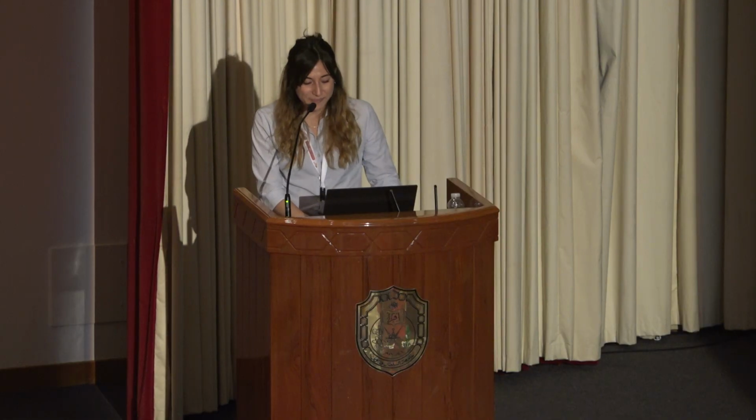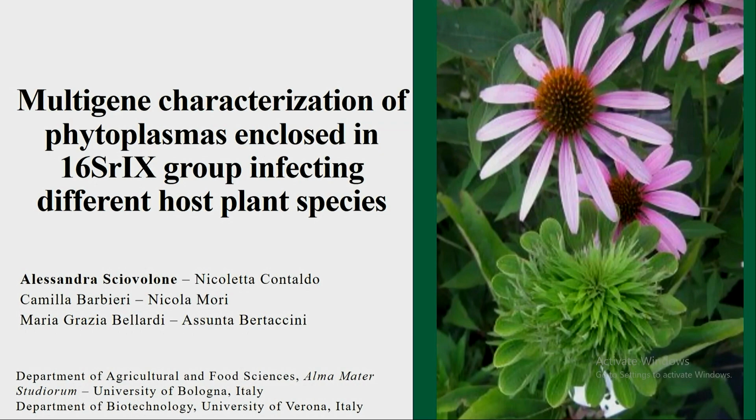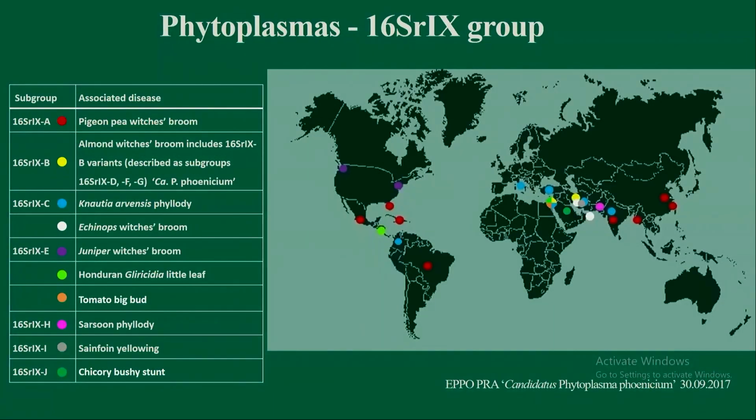Good morning, everybody. I will speak about phytoplasmas of group 9. Phytoplasmas of group 9, PGMP, which is pigeon pea witches' broom, are associated with diseases affecting crops and wild plants in different geographic areas worldwide. In the map shown we have the distribution of Candidatus phytoplasmas of group 9. The most common phytoplasmas of group 9 are phytoplasma groups 9A and 9C.